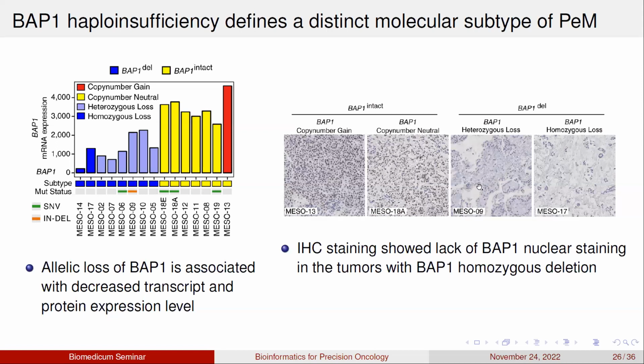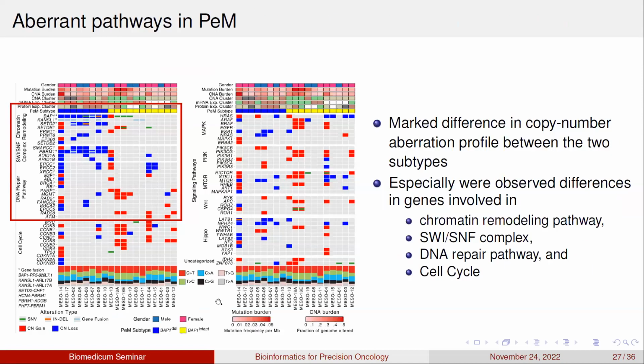So this indicates that allelic loss of BAP1 is correlated with decreased transcript and protein level expression of the corresponding gene. And we also looked at the copy number data in the context of different signaling pathways.